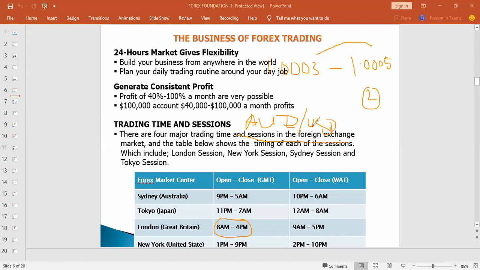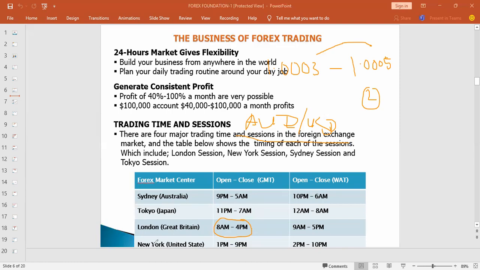So AUD USD may not move very well during the London session. Why? Because AUD does not fall within the London session, and USD does not fall within the London session. I hope you understand. In another session, you can see that this pair can move very well.